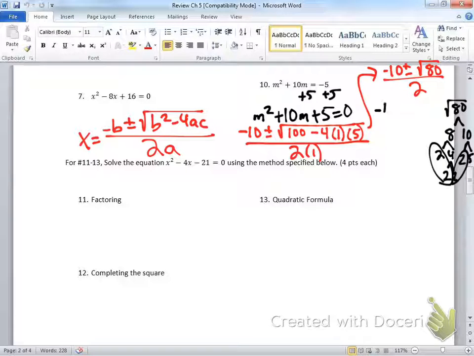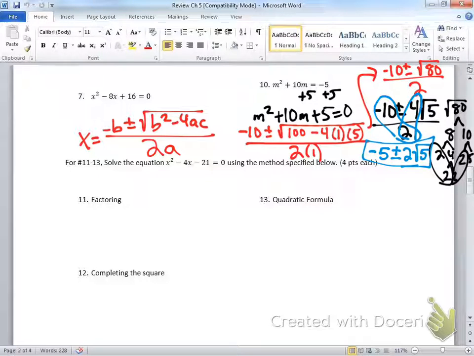Right now this is negative 10 plus or minus 4 square root 5 over 2. One more before questions. Do you see how all of these numbers are even? Yeah. So the final answer would be negative 5 plus or minus 2 square root 5 over 1, but we don't do the over 1 part.